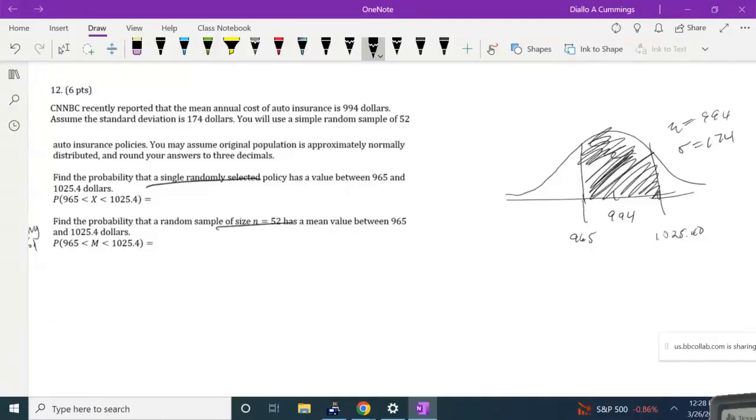We want that area in between. So we're going to use normal CDF.